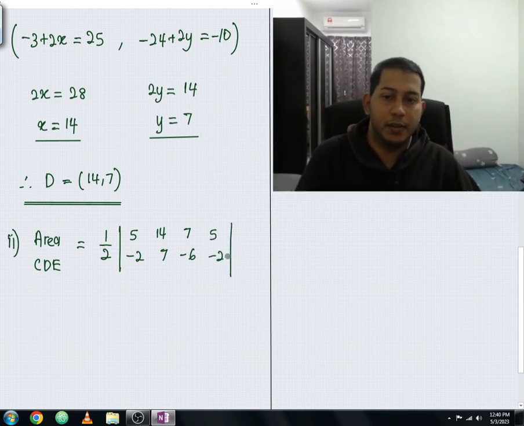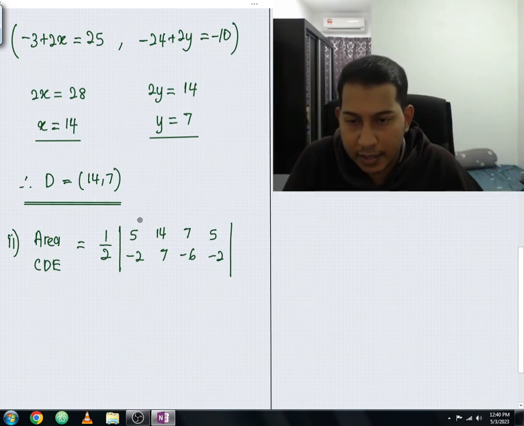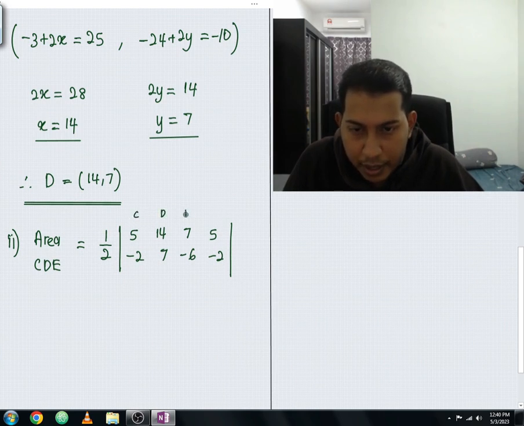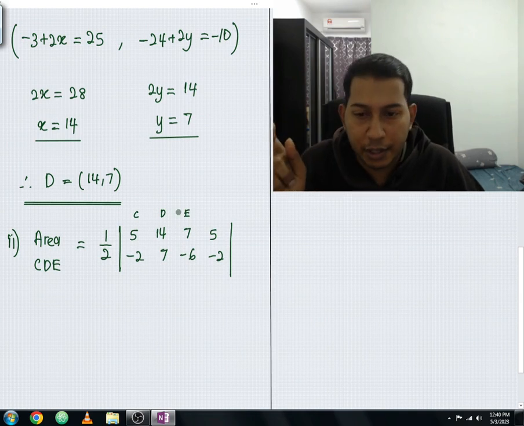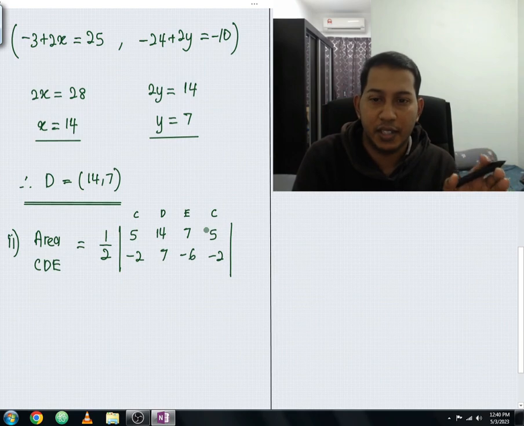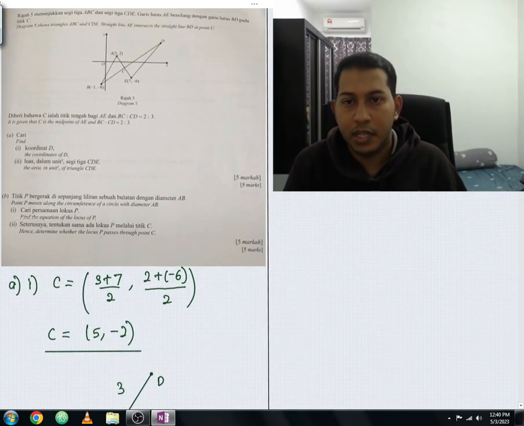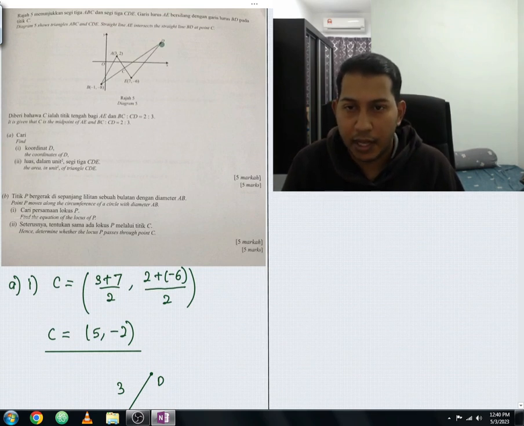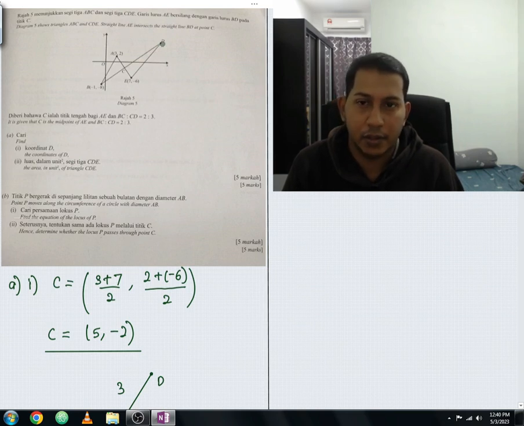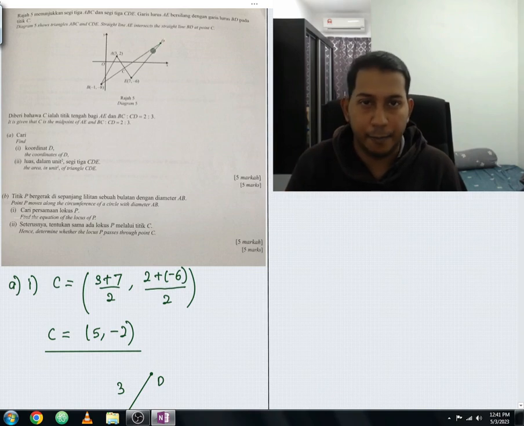You close the modulus. Let's say if you are dealing with a triangle, that means you have to write 4 times. You start with the coordinate C, coordinate D, coordinate E, and one more time you need to write the coordinate C. Which means that if you start with coordinate C, you must end with coordinate C. You could be starting your polygon with coordinate D. If you start with coordinate D, for example, following the clockwise direction, from here D, E, C, and then you must end with D again.